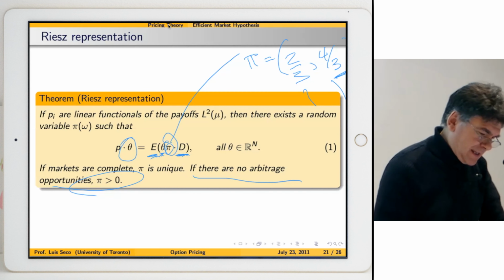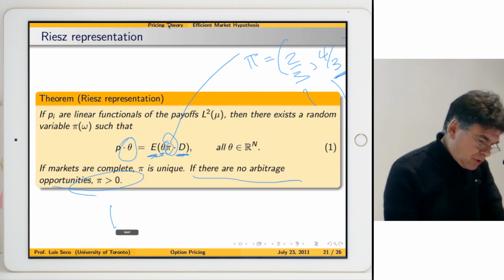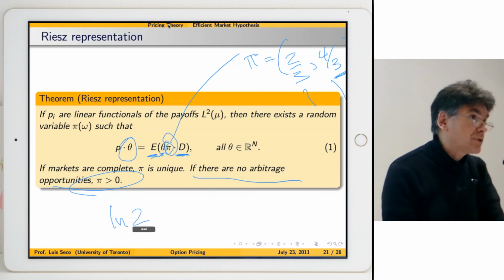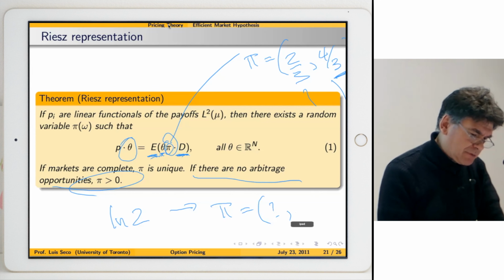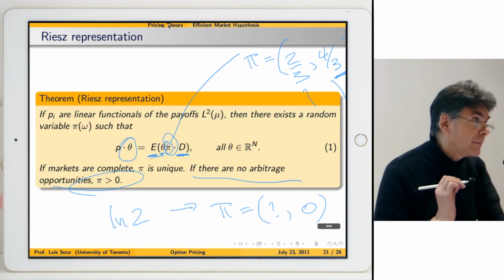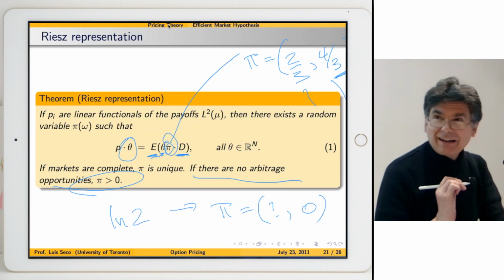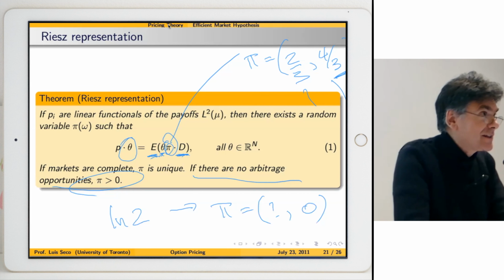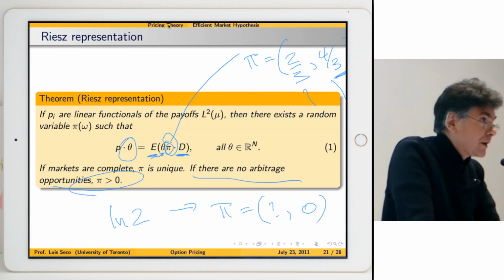In that case, of a logarithm of 2 interest rates, the pi is some number here, I forgot, and 0 here. What does that mean? According to this, there's an arbitrage opportunity. Happens to be a weak one. It's not a strong one, but it's a weak one.